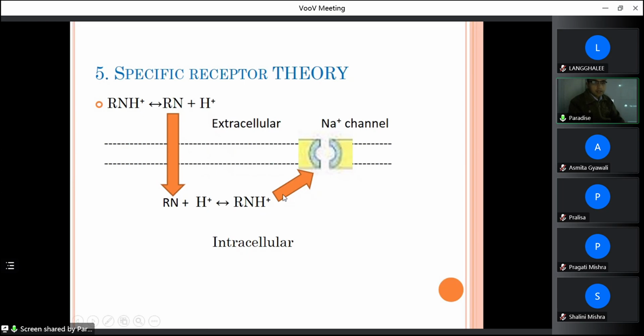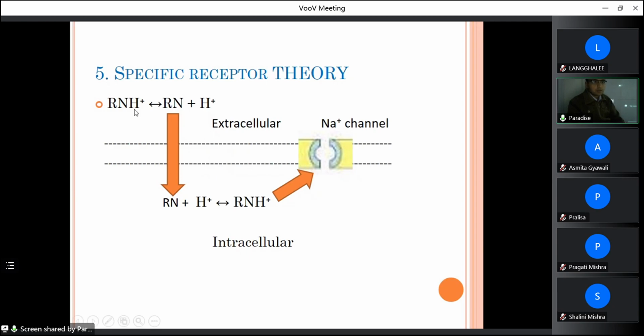This RNH+ will bind to the voltage gated sodium channel. Once it binds the sodium channel, it blocks the sodium channels, okay? So the sodium ion could not enter from extracellular fluid into the intracellular fluid, so there will be no depolarization, no action potential will be generated, and it will lead to blockage of conduction of pain impulses from the peripheral nerve to the brain. So the patient will not have any sensation of pain.